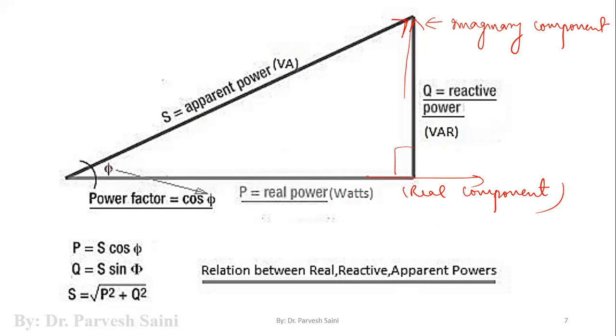So power factor is cos phi. This we will discuss in detail in our further lectures. So P is S cos phi, Q is S sin phi, and the resultant is here. So this is what the power associated with electrical systems is. So thank you so much.